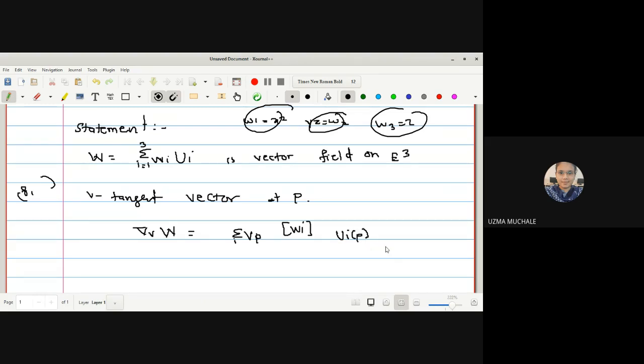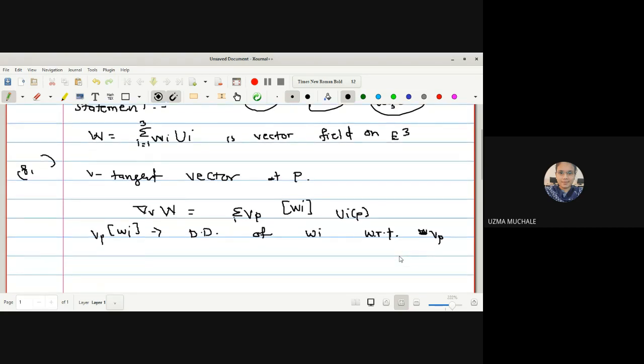What is given is that Vp Wi is a directional derivative of the coordinate functions of W with respect to the tangent vector Vp. Is the idea clear what is given in the statement?